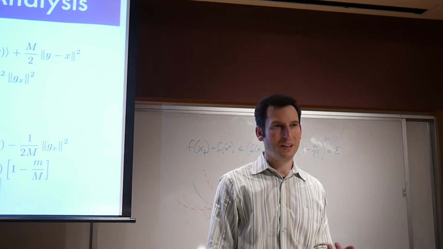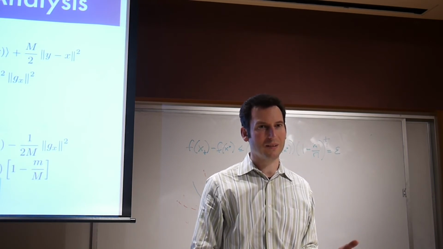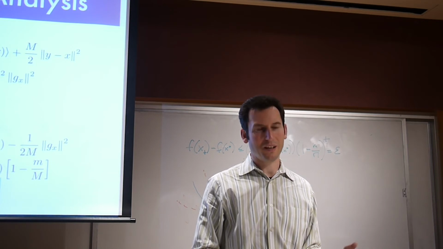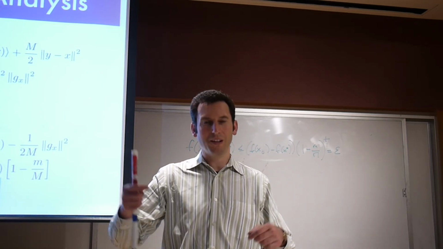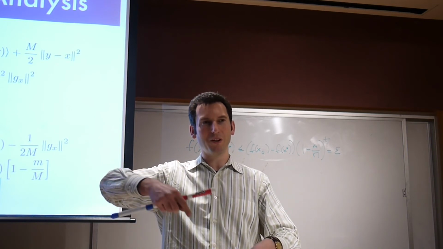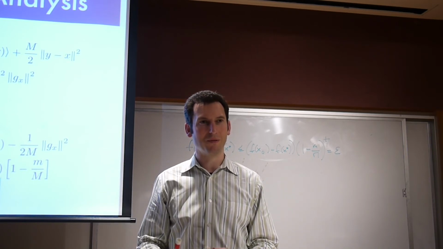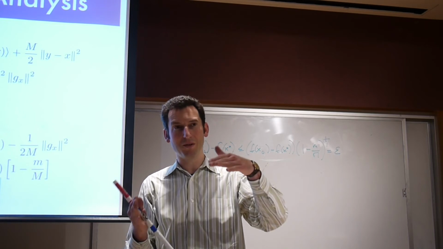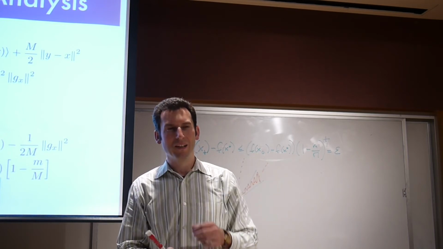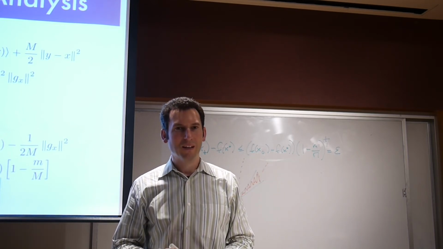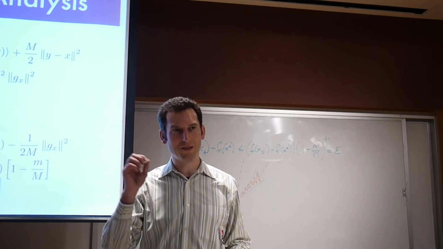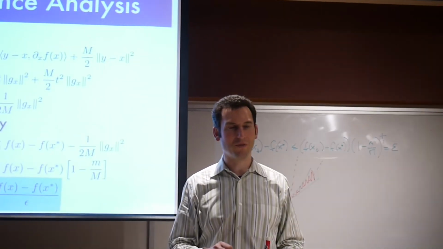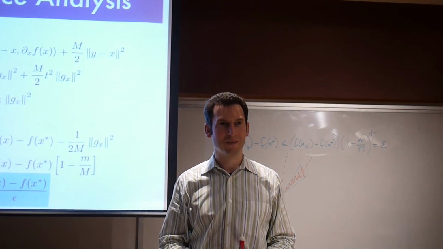Probably next week, we're going to look at bundle methods. In that case, we will see an explicit computational construction which iteratively gives me upper and lower bounds for the function I'm trying to minimize at every step, so I get tighter and tighter bounds. The advantage is that I don't have to rely on theoretical convergence analysis, but can monitor the convergence of the algorithm as it runs.